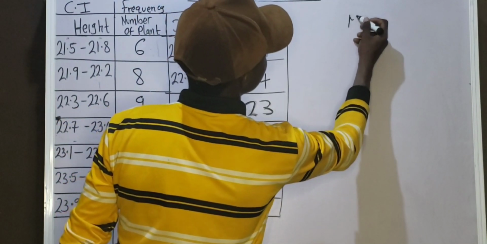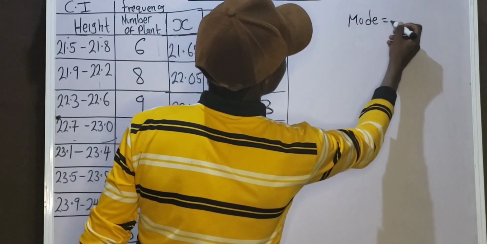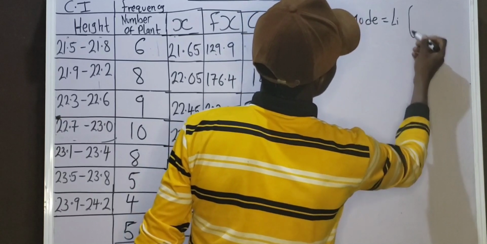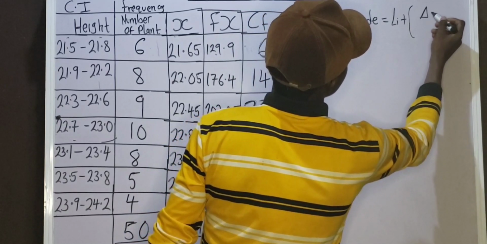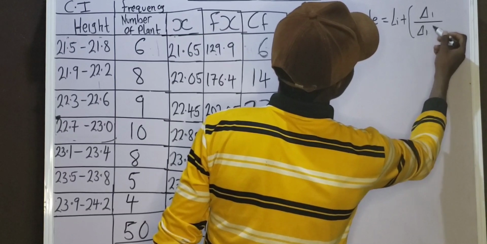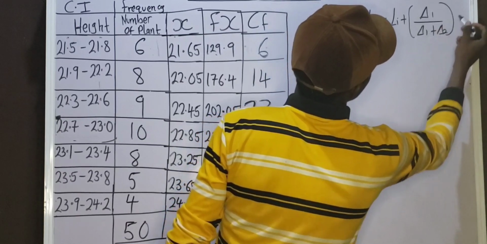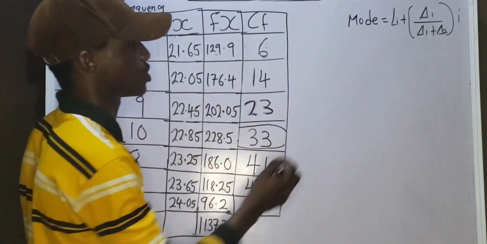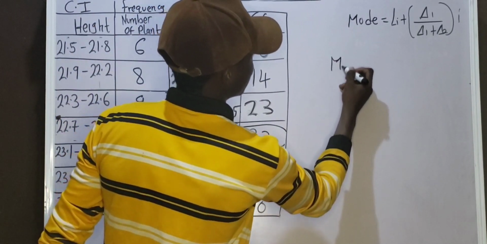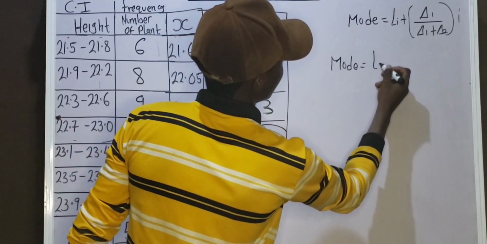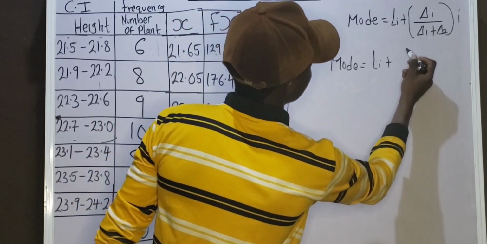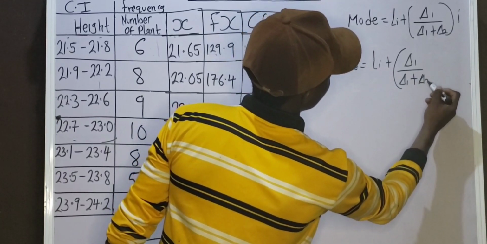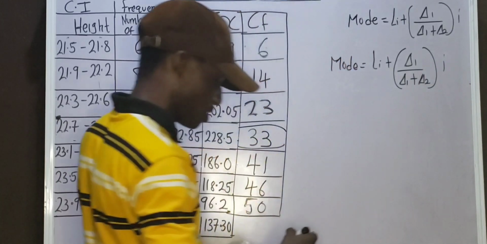Mode is equal to the lower class boundary of the modal class plus delta 1 over delta 1 plus delta 2, multiplied by the class width.